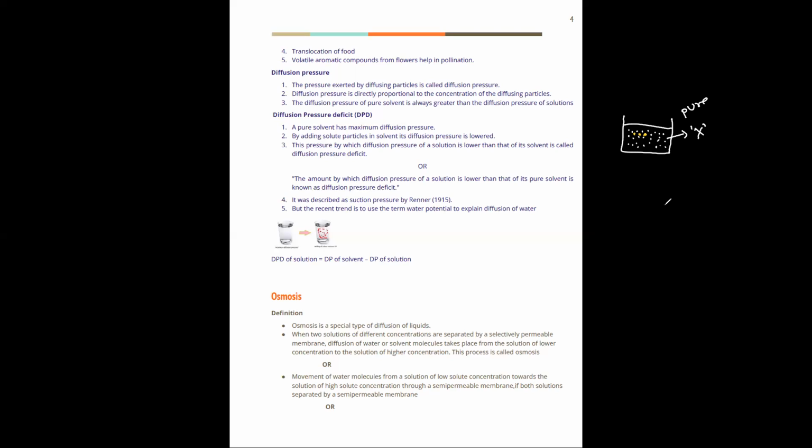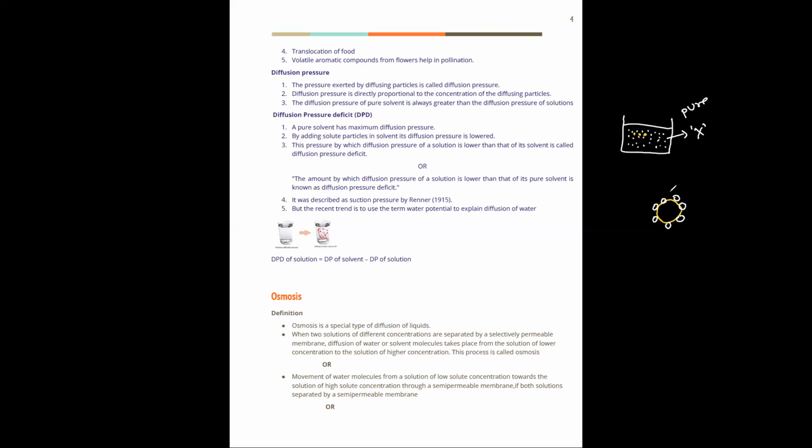Why? Because if you remember the concept from chemistry, around the solute particles, the water, which is the solvent in a solution, will form a sphere, a hydration sphere. So now the number of free water molecules is less, so its diffusion pressure will decrease.